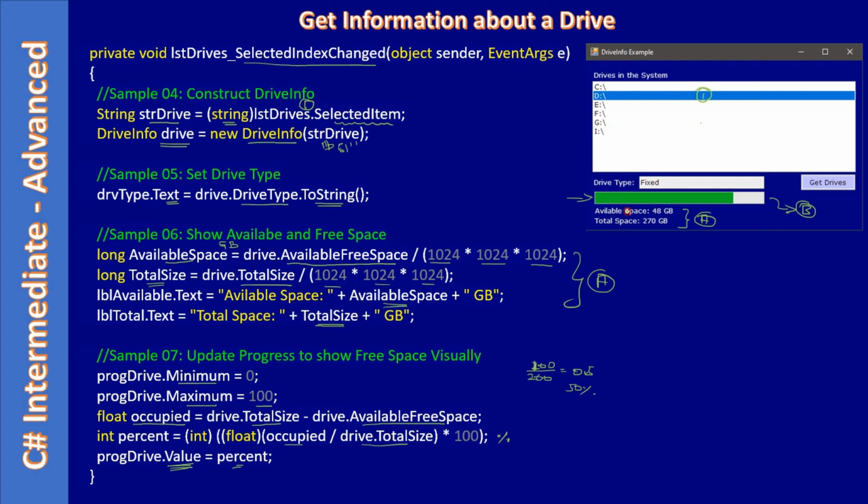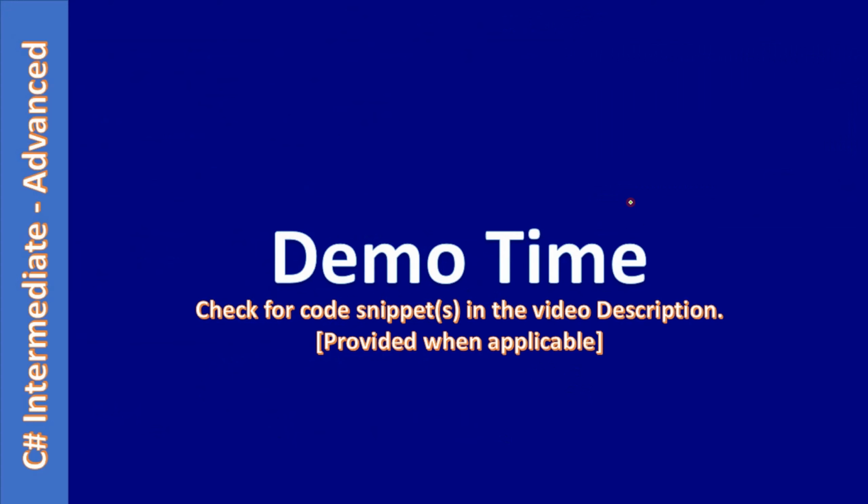The progress bar usually shows how much progress is completed, but here we are using it to show the occupied space and how much is free. It gives a visual representation that almost 20% of space is free on the drive. Alright, that's all here. We will go ahead with the demo now.